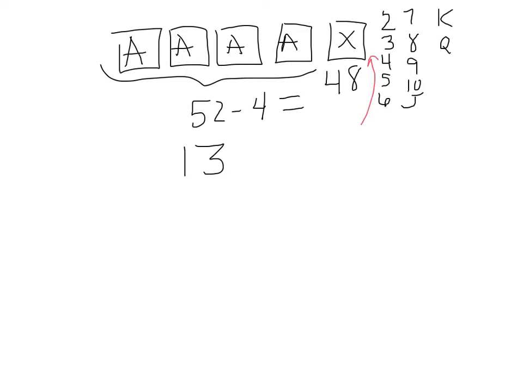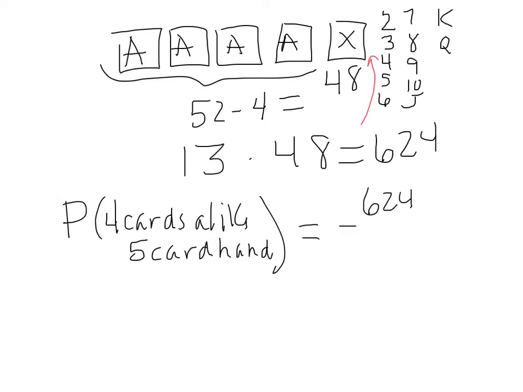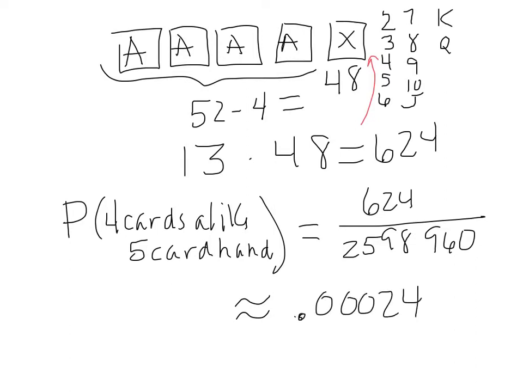For each one of those, you would have 48 different ways to make a 5-card hand by adding in the fifth card. 13 times 48 equals 624. So the probability of getting 4 cards alike in a 5-card hand is 624 out of those total possible 5-card hands, which works out to be a very small probability.